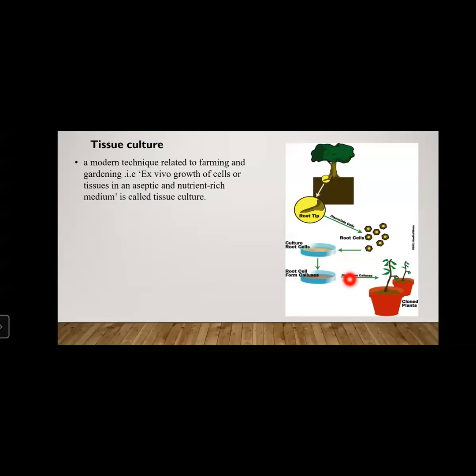In this case, the cell will divide and develop the root, shoot, leaves, all the organs of the plant. This is called tissue culture, a modern technique related to farming and gardening, that is, ex vivo growth of cells or tissues in an aseptic and nutrient rich medium.